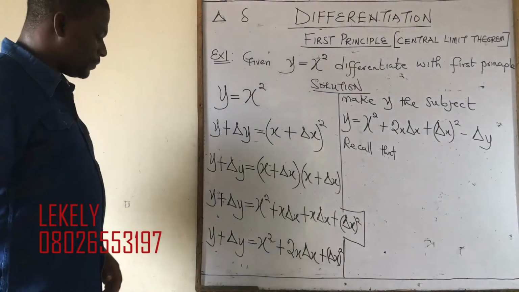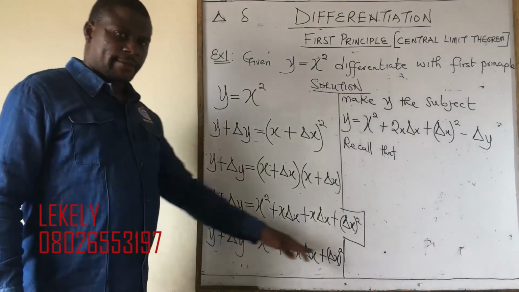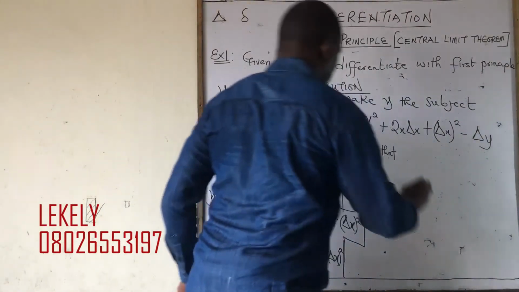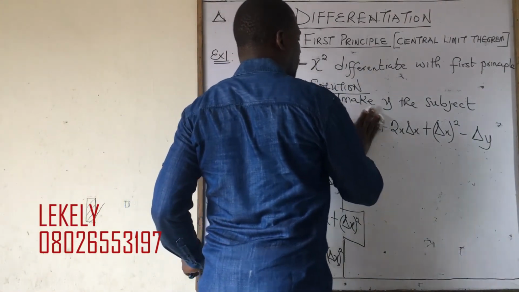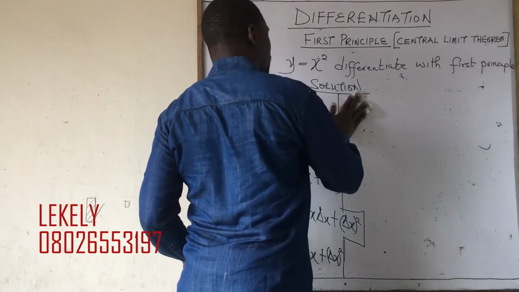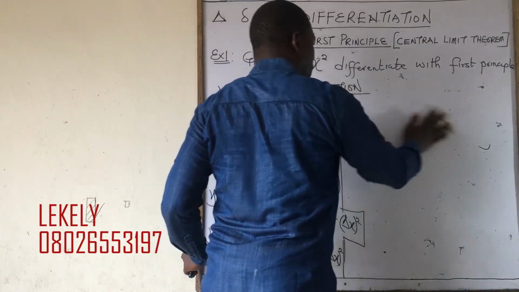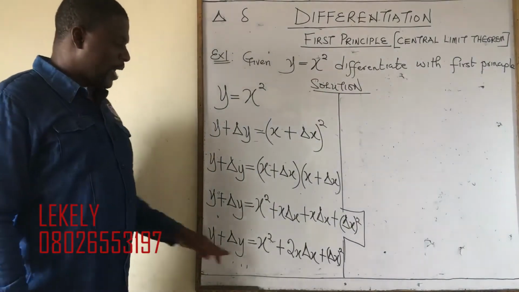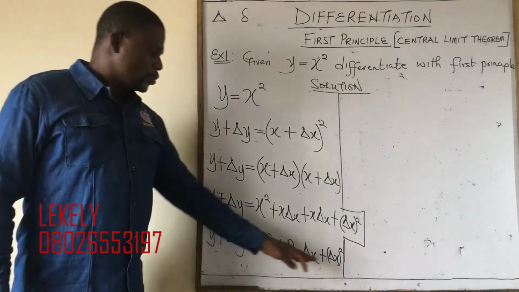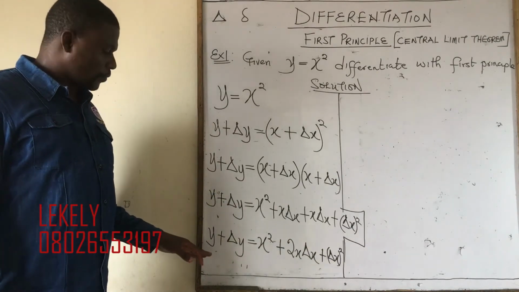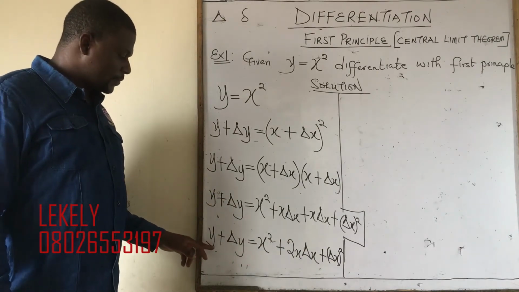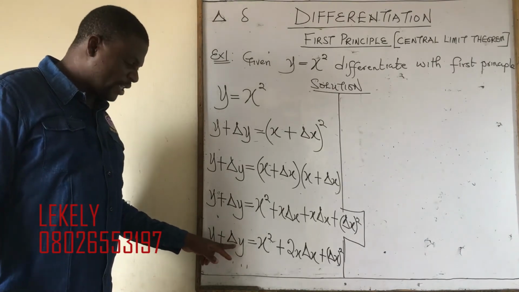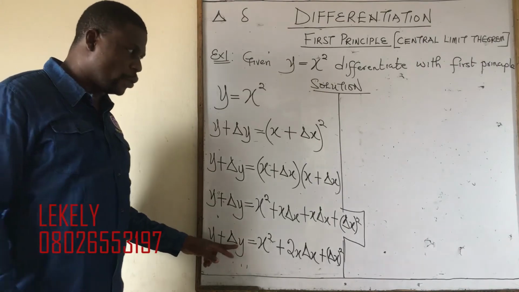Okay. Now, from here, look at this place very well. So from here now, you are going to make change in y the subject of formula. You are going to make change in y to stand alone.